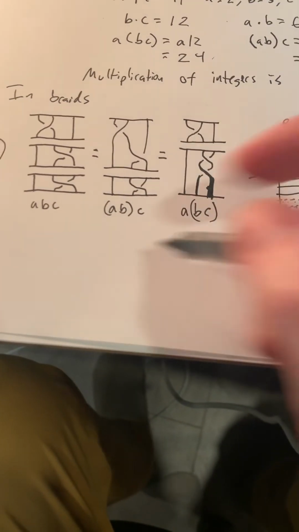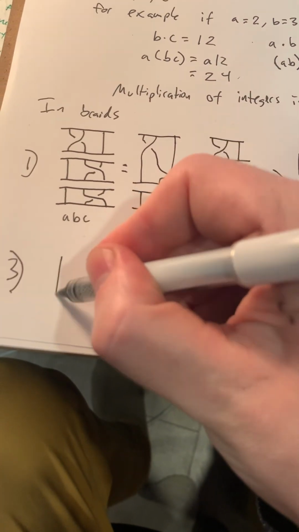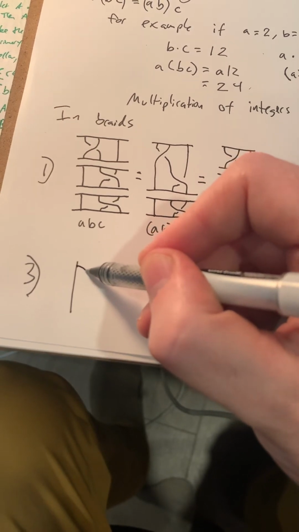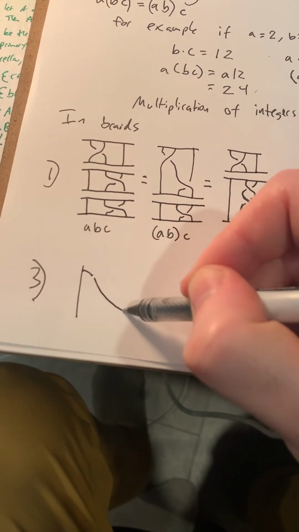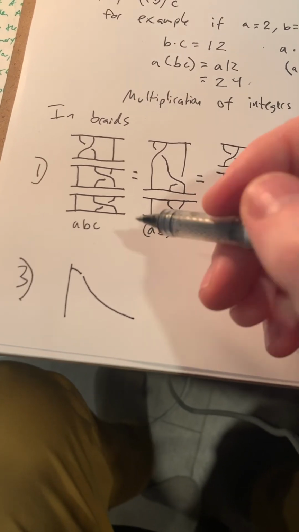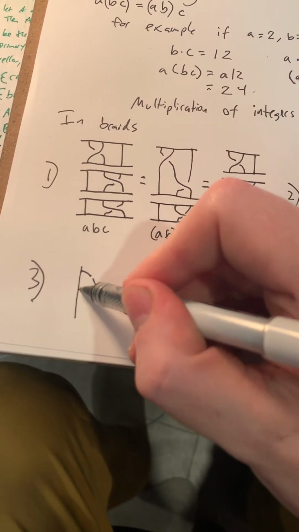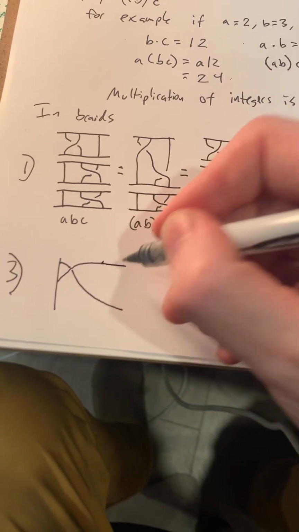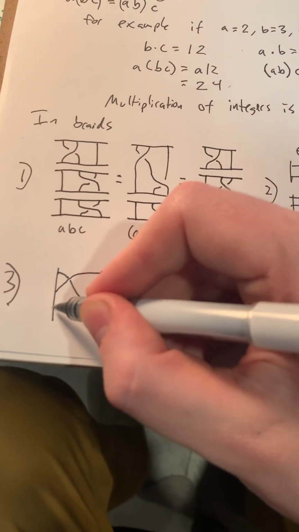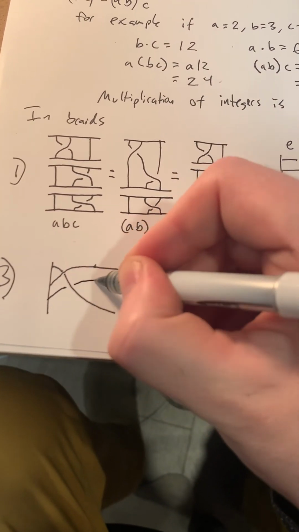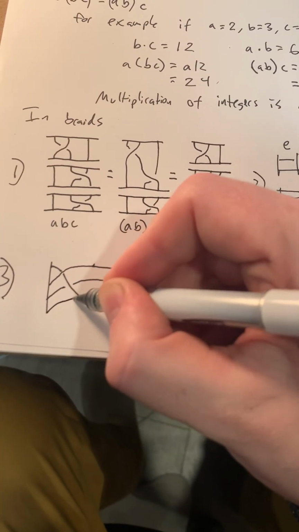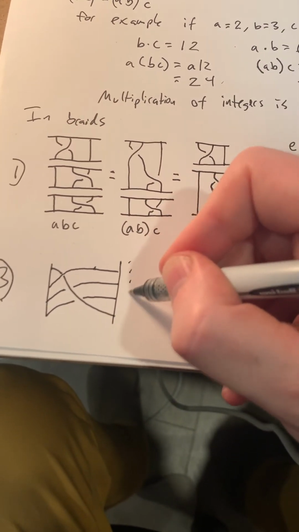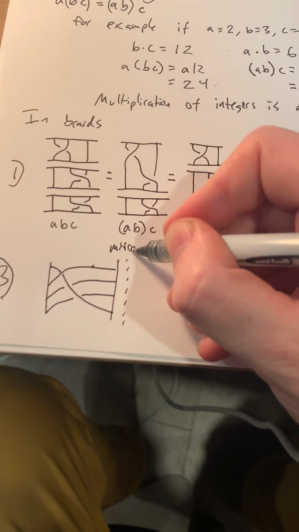To take any braid really. This, for example, the inverse in braids is just the mirror.